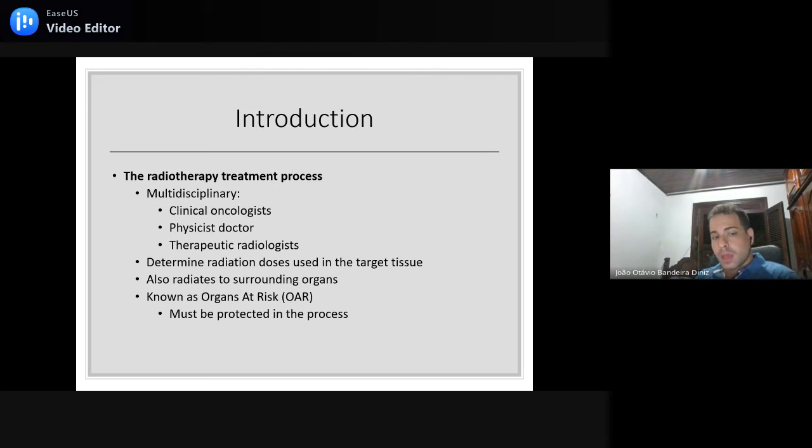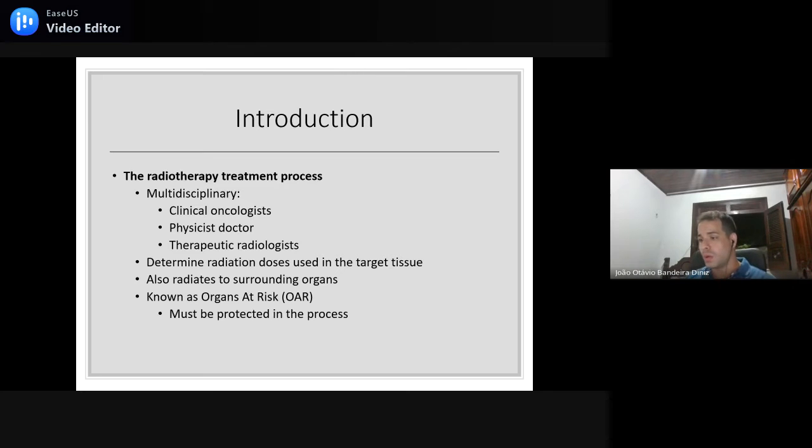Well, this process is multidisciplinary. It involves a lot of people who conduct the process. Why? Because to make this kind of treatment, we have to plan a lot of things before and during the whole treatment. The first thing is to determine the radiation doses that will be used to attack the target tissue.